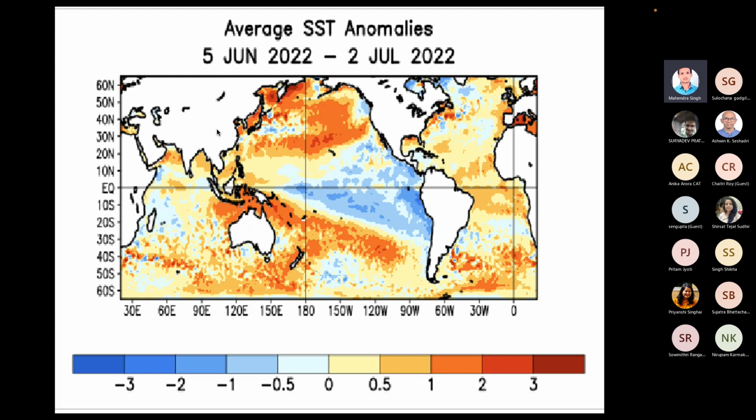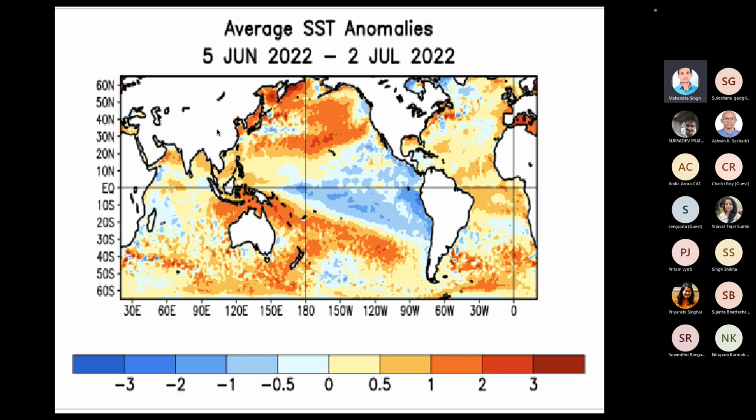Now let's look at the status of the ocean. If you look at the anomalies in the Indian and Pacific Oceans, it has slightly changed, especially near India. Look at the warmer anomaly in the Arabian Sea. This is interesting: right in the northern Arabian Sea, you are close to half to 1 degree of warming.